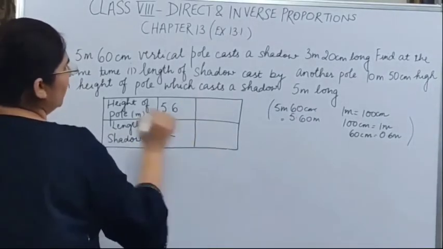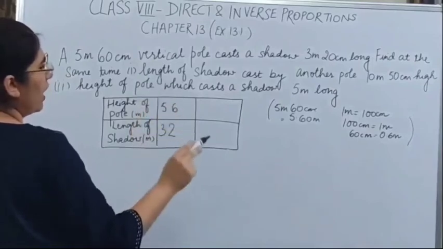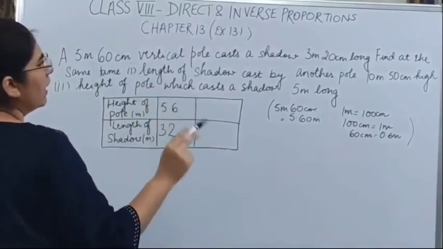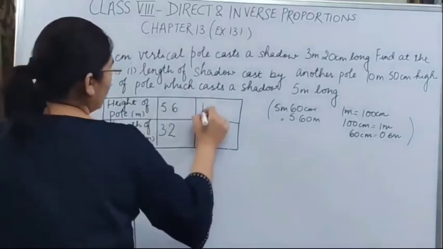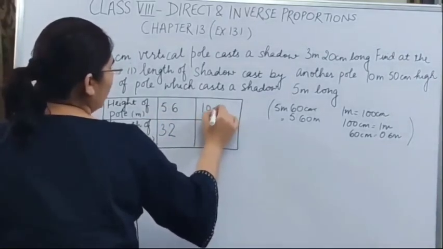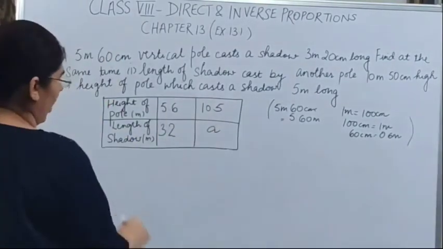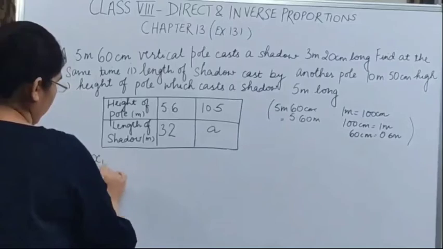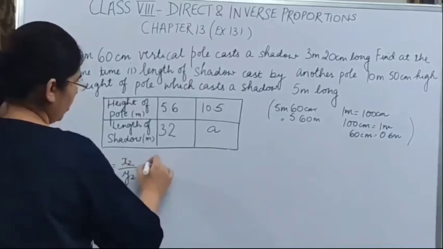So we will attempt the first part. What is the length of the shadow cast by another pole 10 meters 50 centimeters high? So height is 10.5 meters. We have to find the length of the shadow. x1 upon y1 equals to x2 upon y2, since it is a case of direct proportion.